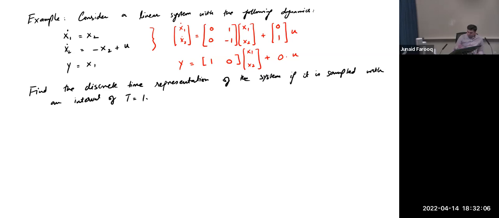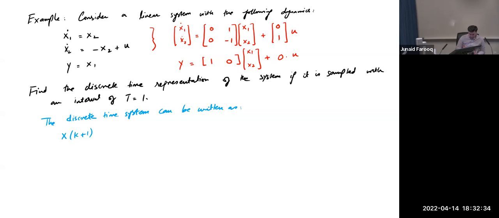All right, so based on what we just saw in this lecture, the discrete time system has a general form. So let's write that first. So we have x of k plus 1, T is implicit.